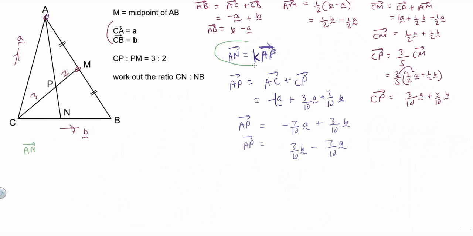It's to do with this bit over here. AN, we know, is a multiple of AP. It's a multiple. We're using that letter k, and we need to find the value of k very soon. So it's going to be k multiplied by whatever AP is. I'm referring to this bit over here.